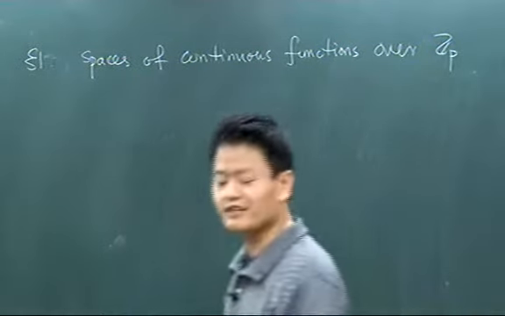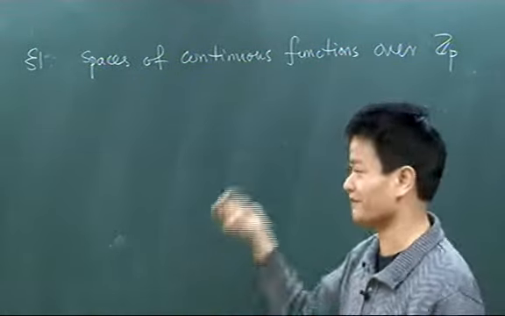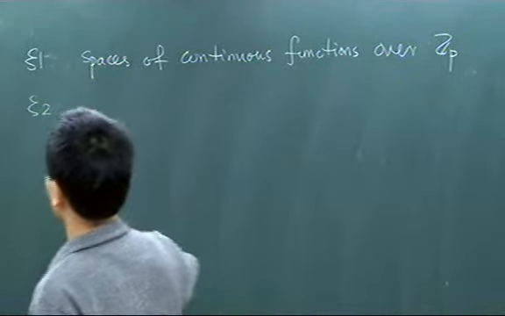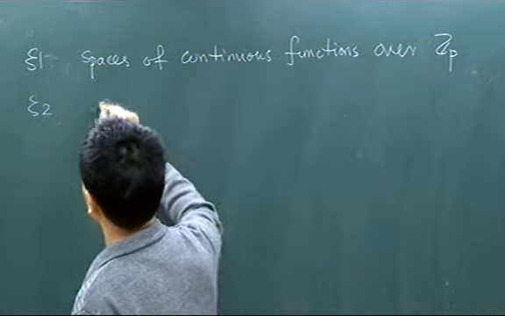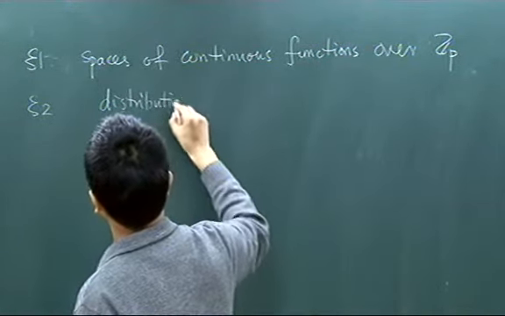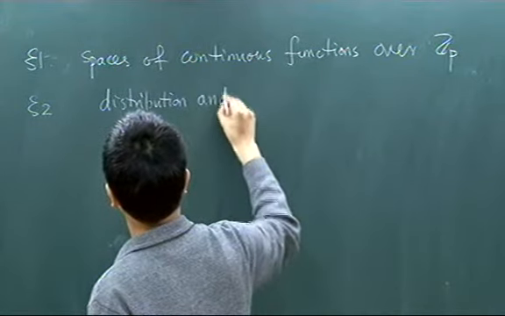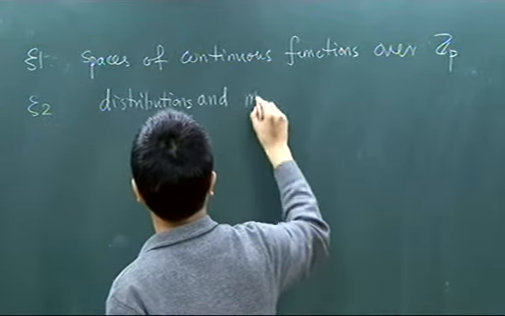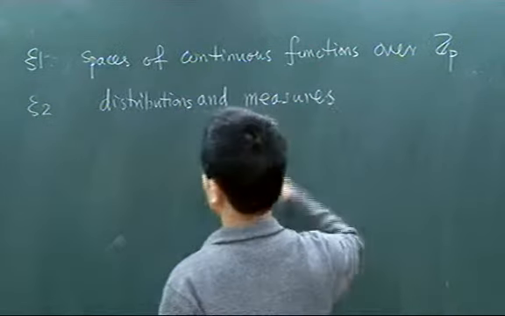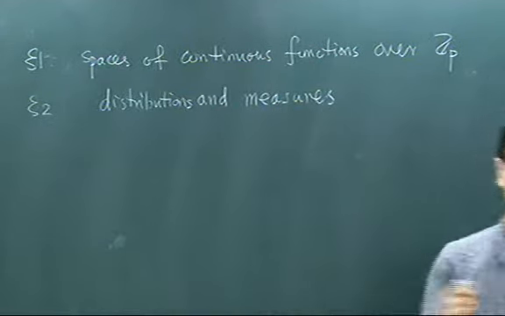So probably these 2 hours, I will just talk about this. The second part, I will probably talk about distributions and measures. From this, you can have all these p-adic L-functions.